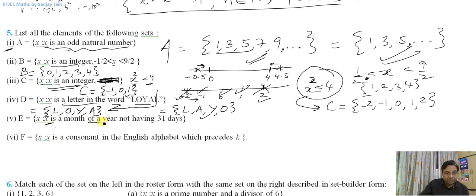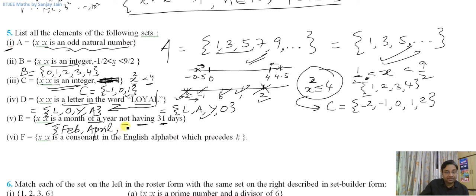So X is a month of a year not having 31 days. Which is the first month? This you need to do yourself, I'll give you an idea. Let me calculate the number of days in months. So the first such month is February, right? Then after that I'll have April, which doesn't have 31 days.